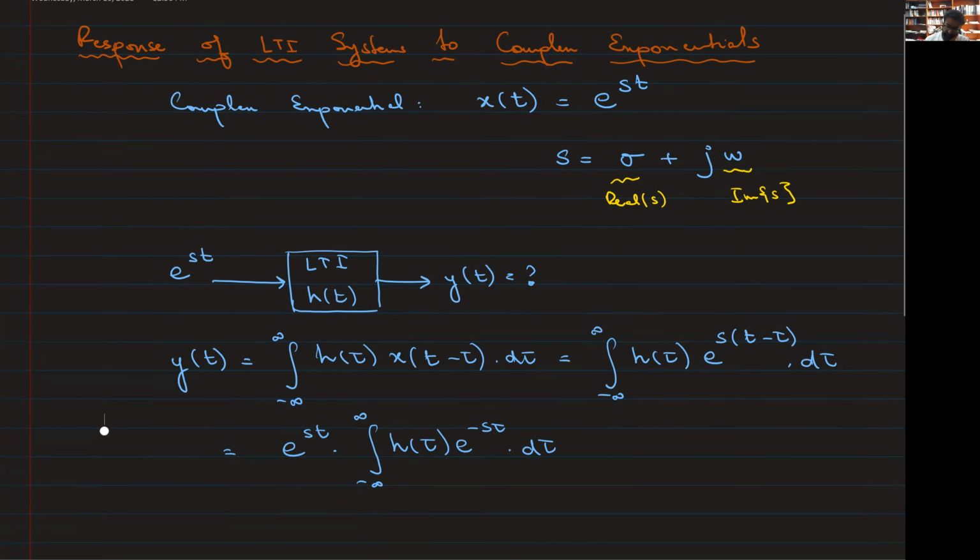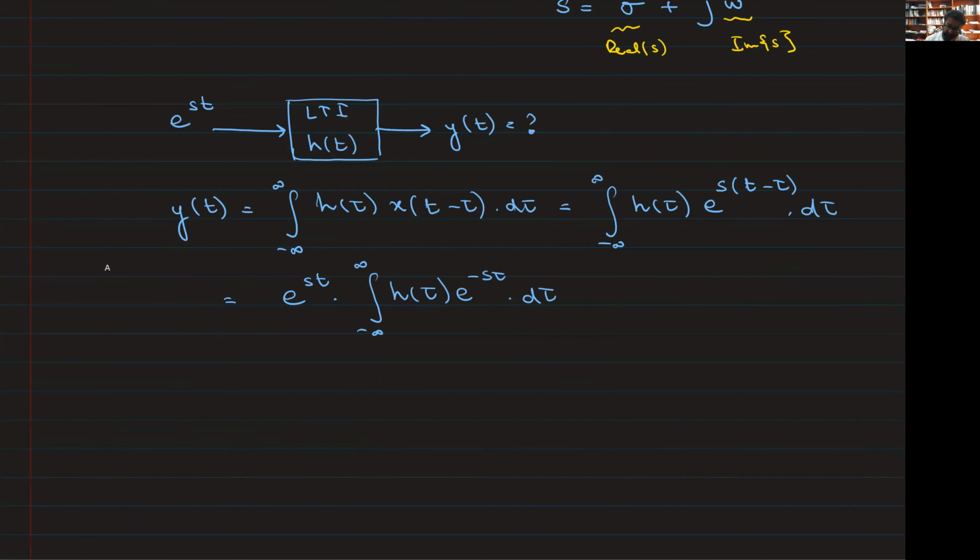Now, what's really interesting or exciting is the following fact: the output turns out to be of the same form as a complex exponential, except that it's just been multiplied by some number. So this thing that you see here, what is this a function of? Daniel says it's a function of tau. It's not a function of tau, Daniel. Tau is a variable that you're integrating over.